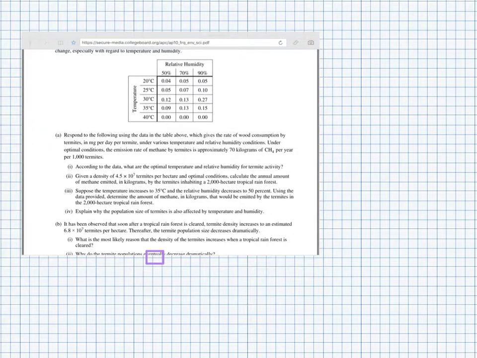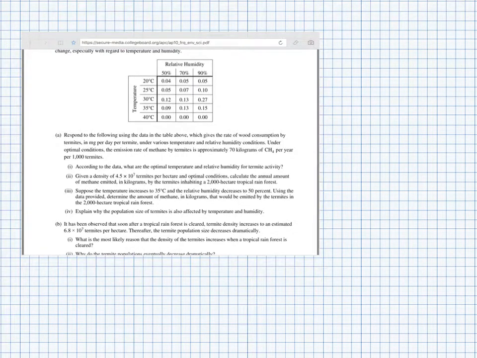And then question B says, it has been observed that soon after tropical rainforest is cleared, termite density increases to an estimated 6.8 times 10 to the 7th termites per acre, up from 4.5 times 10 to the 7th termites per acre. Thereafter, the termite population size decreases dramatically.